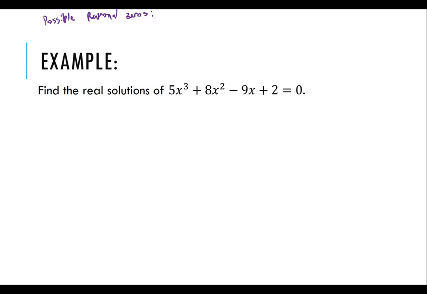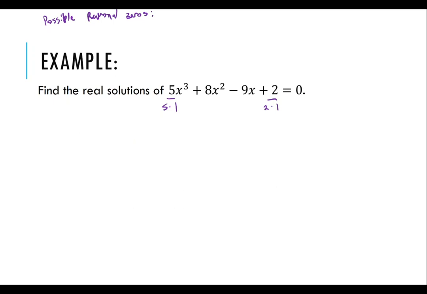First, let's make our list of possible rational zeros. Remember, that's going to be the factors of the constant term over the factors of the leading coefficient. The factors of the constant term are 2 times 1, and the factors of the leading coefficient are 5 times 1. We have a really short list here. This is going to be very pleasant.